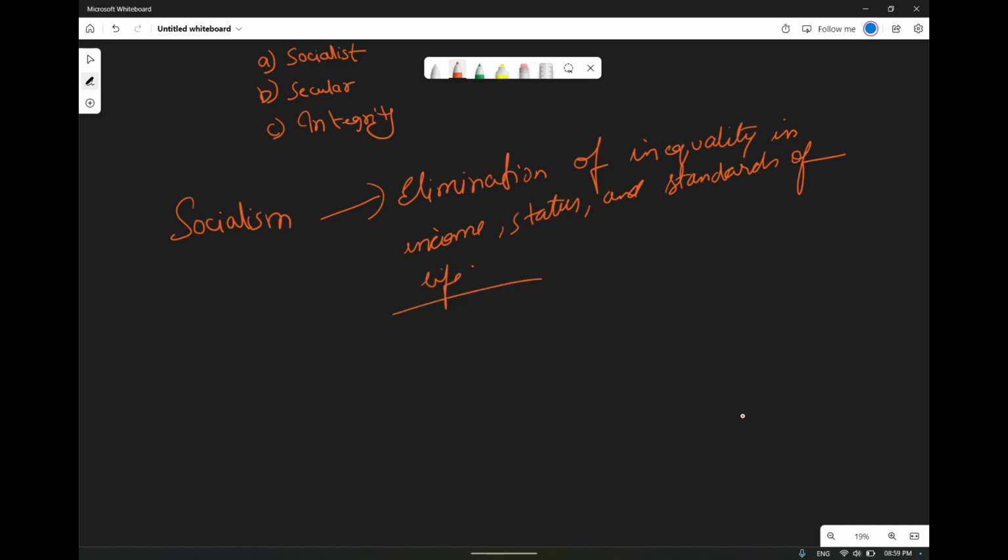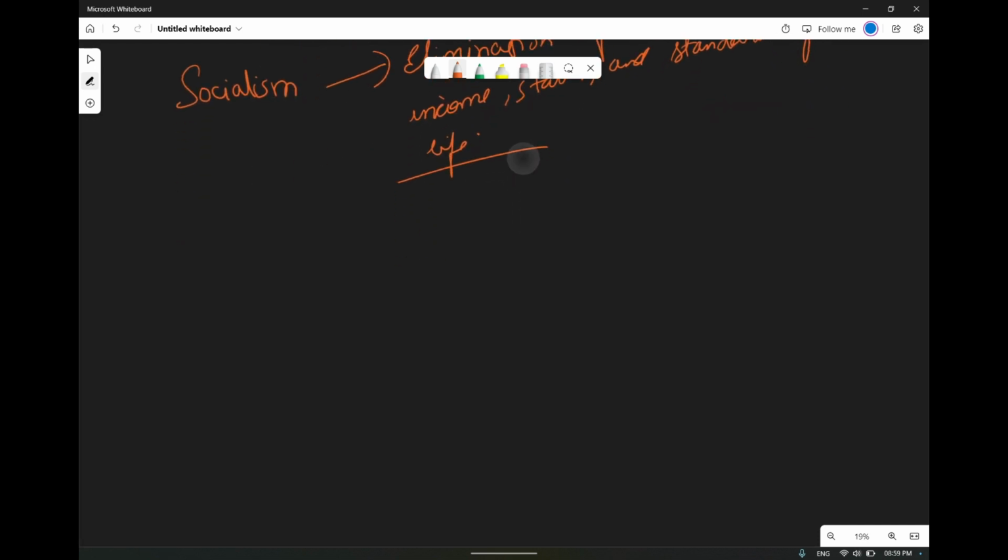That is the meaning of socialism. We have to remove the inequality that is present in the society. What type of inequality? Income, status, standard of life.